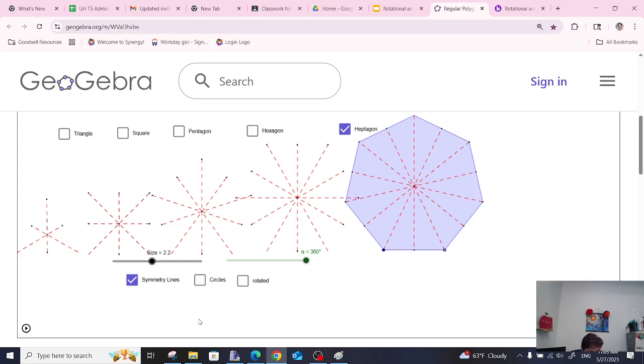Let's see, 360 divided by 7 would be around 51.4, somewhere around there.